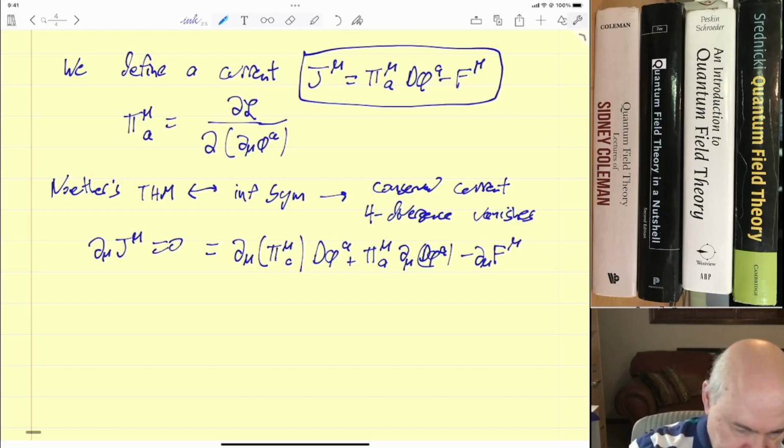And now this is equal to the partial of L with respect to phi a, that's from the equations of motion, d phi a, plus putting in our definition here.